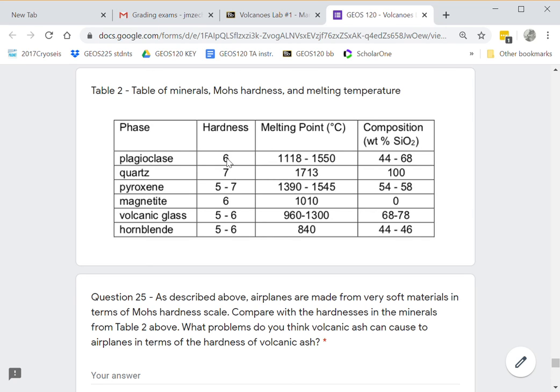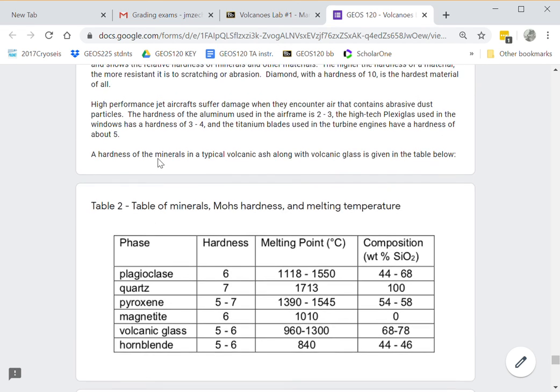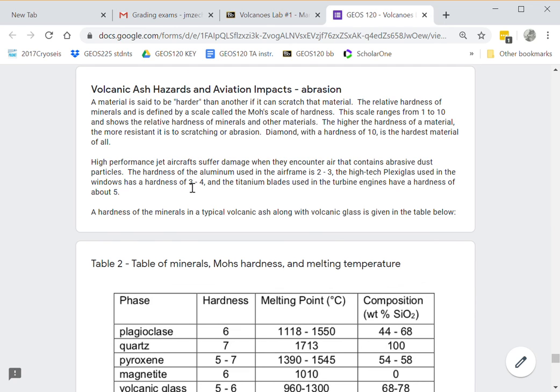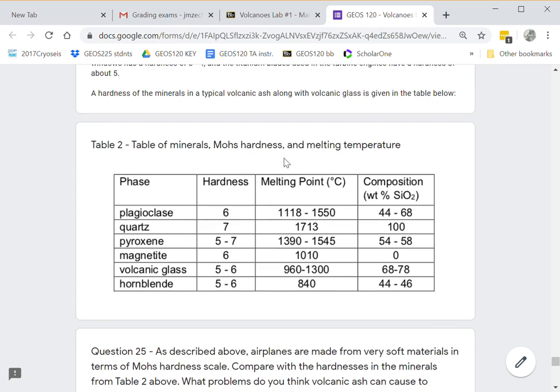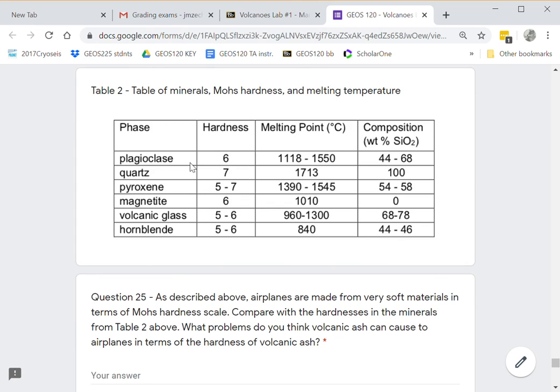So the higher the number, the harder a substance is. So quartz is harder than plagioclase, so quartz could scratch plagioclase. And aluminum has a hardness of 2 or 3, so you can imagine what something with a hardness of 6 could do to aluminum.